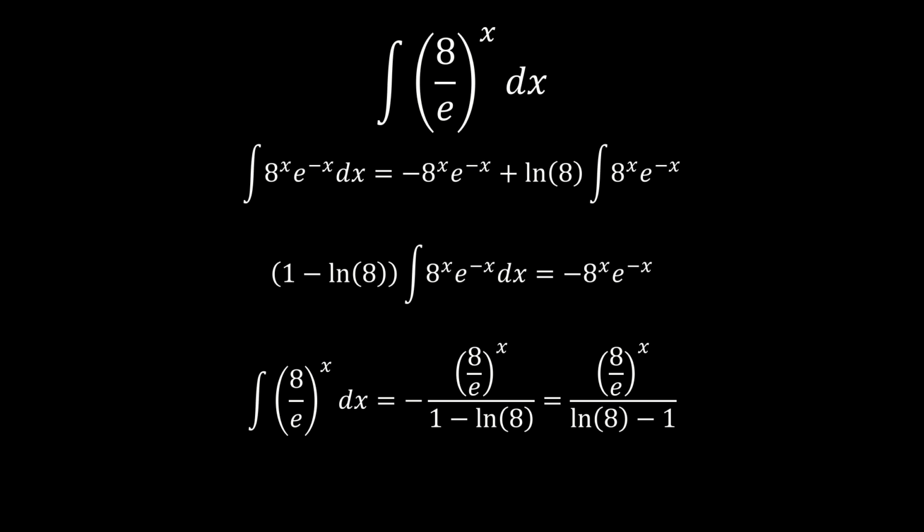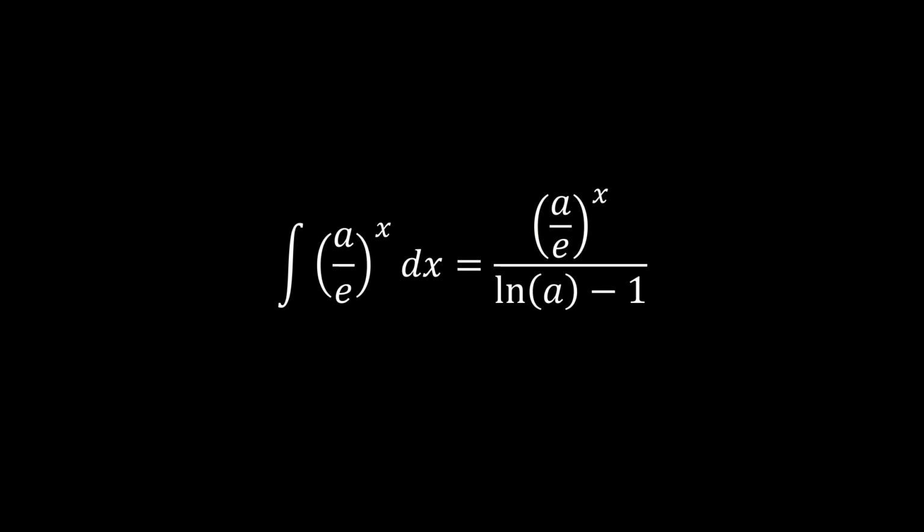Dividing out that constant on the left side, that just becomes the negative times the quantity of 8 over e raised to x over 1 minus the natural log of 8, which if we plug in that negative 1 into all the terms in the denominator, that just becomes natural log of 8 minus 1.